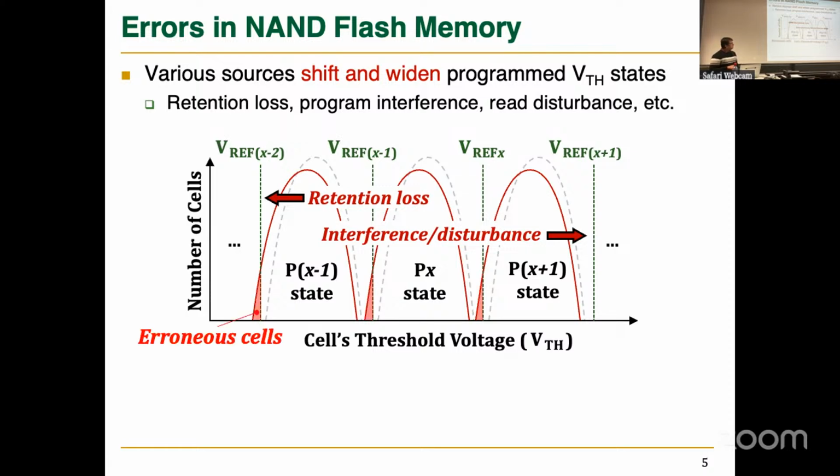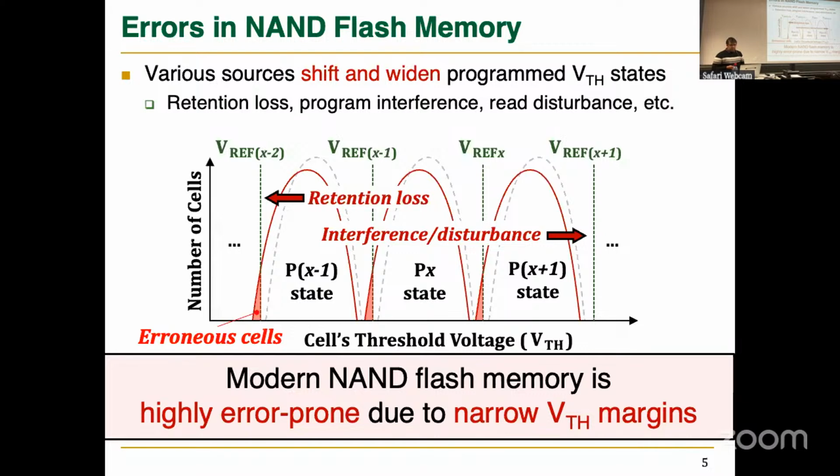So these are the erroneous cells when there is retention loss, let's say. NAND flash memory is very highly error prone, and the main reason is that as you increase the density of the flash cell, you have much smaller gaps between two programmed states.